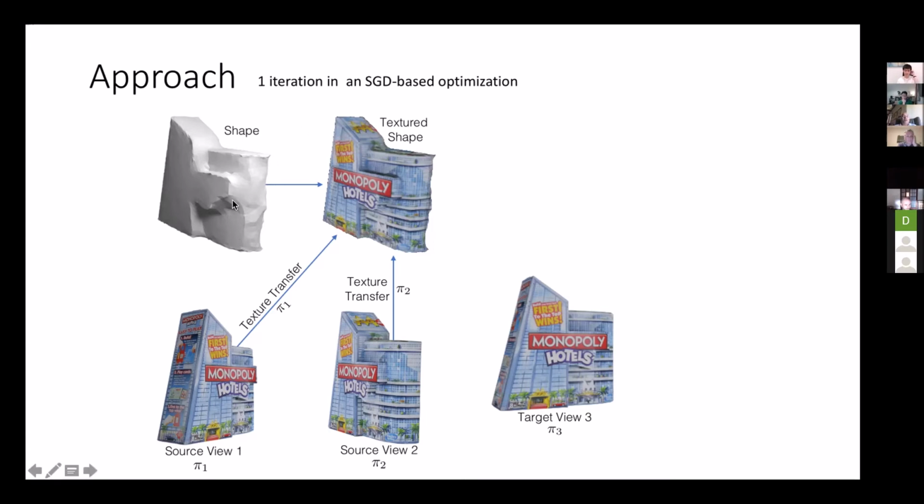In one view I might see the front side, in another view the other side. So the entire texture map is not going to be visible in any one view; you might see half of it or even less. So when we are texturing this shape, we should do it from the appropriate view, and the appropriate view is the one where there is no occlusion and where it's most foreshortened. That's the texture transfer that we can do.